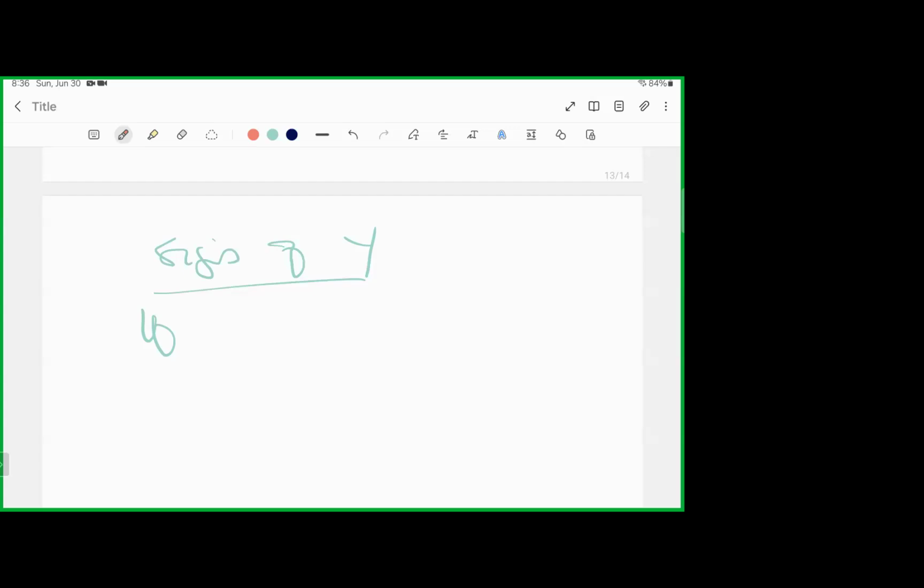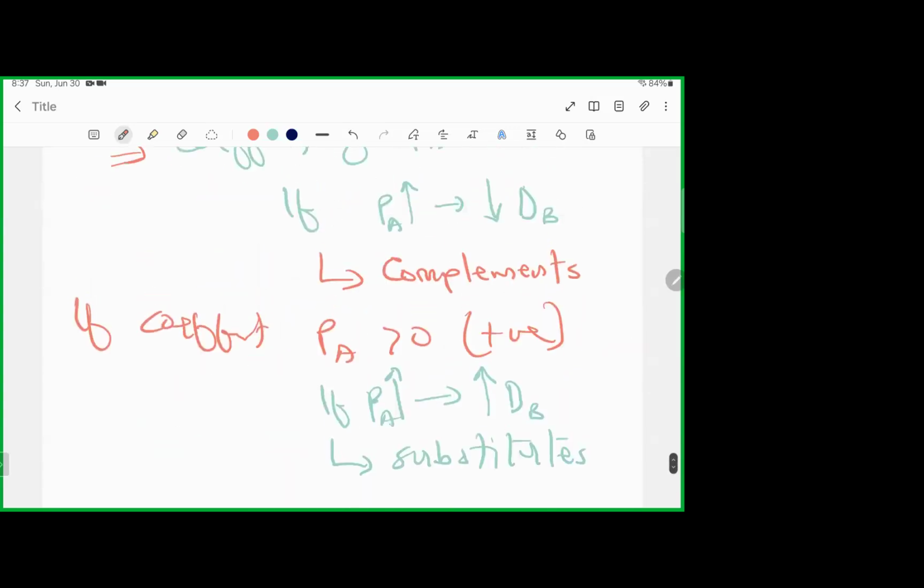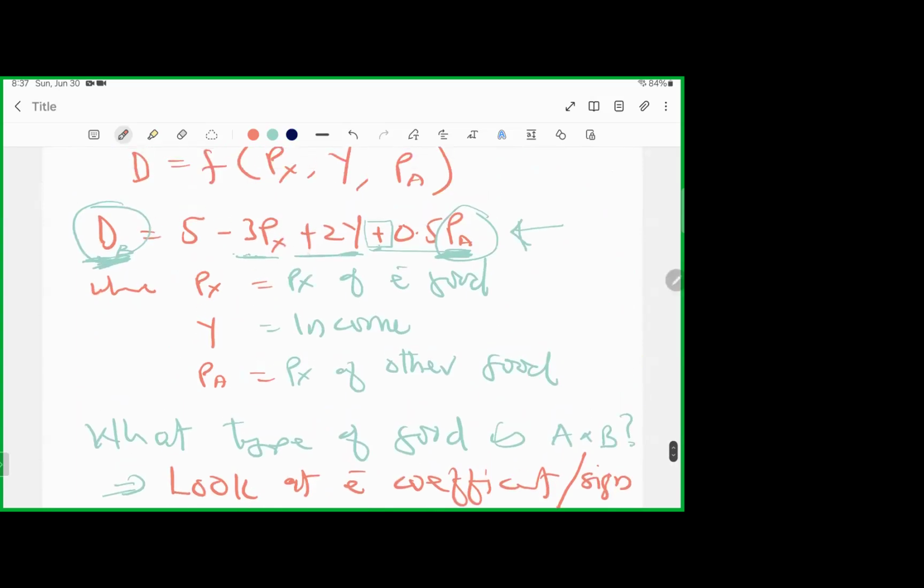Okay. So if the sign or coefficient of Y is positive, which means that in this particular equation, we are looking at it as what type of good? Remember, here is income.